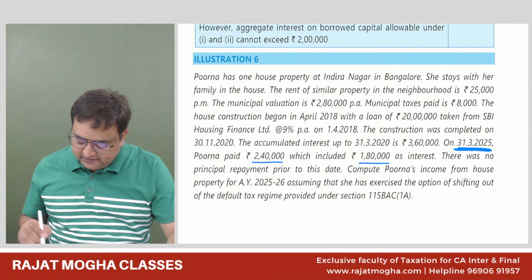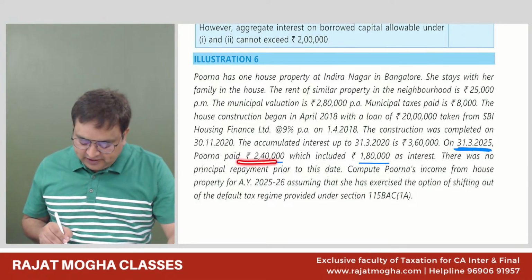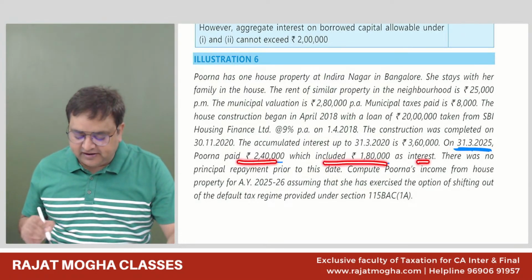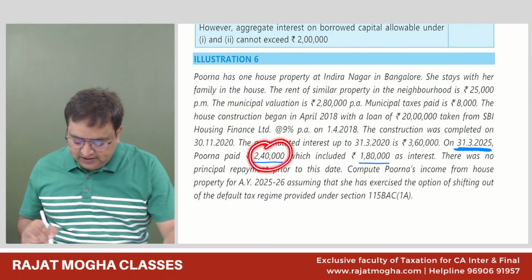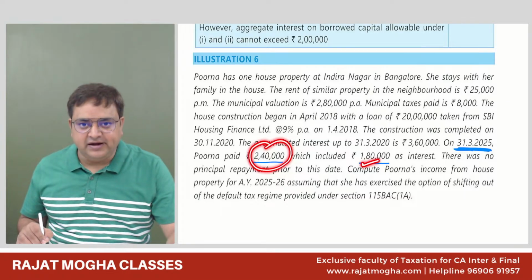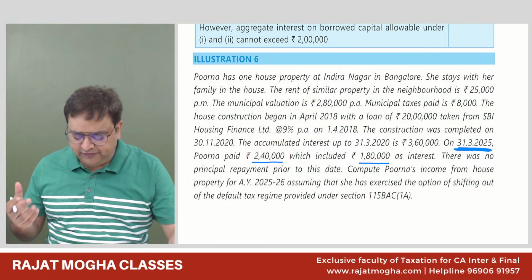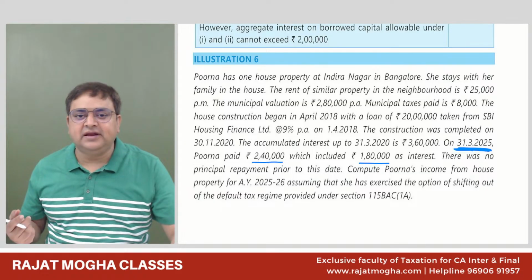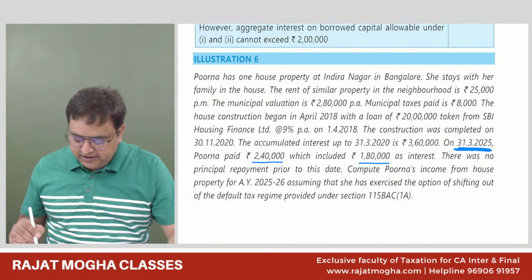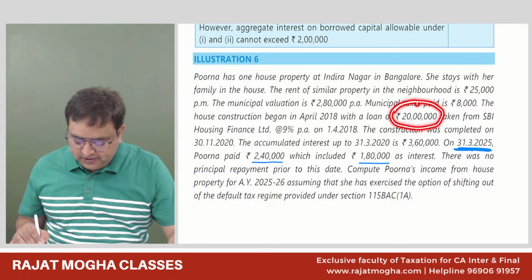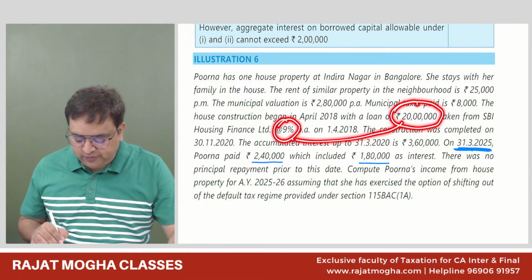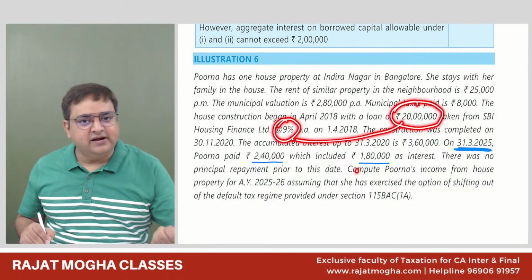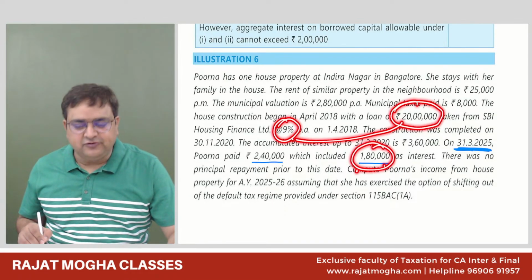They are saying that on 31st March 2025, Poorna paid 2,40,000, which included 1,80,000 as interest. So out of 240, 1,80,000 is the interest for the current year. Although we don't have to calculate it right now, if I want to calculate it, 20 lakh was the loan and the rate of interest is 9%. So 20 lakh into 9%, 1 year interest comes to 1,80,000 rupees.